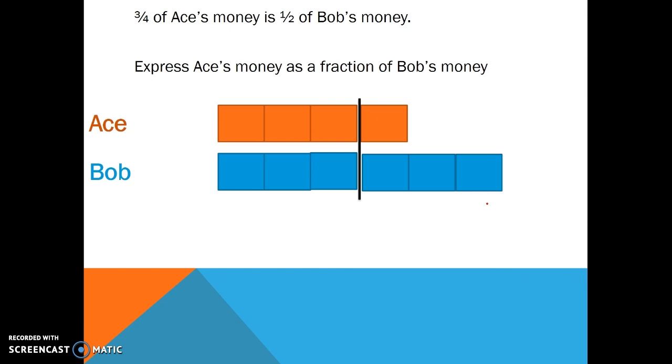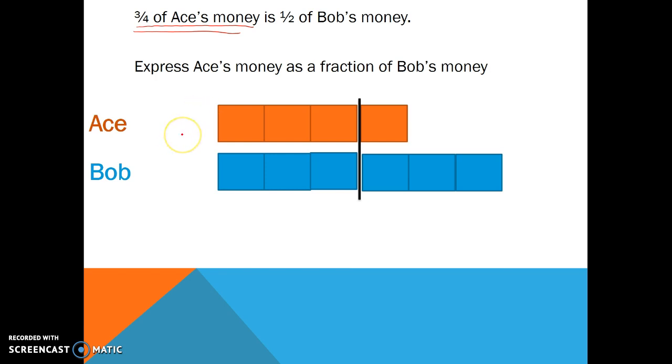But okay, so we've got 3/4 of Ace's money is half of Bob's money. This is really confusing, isn't it? But this piece of information here tells me that Ace has 4 units, and that 3 of those units is half of Bob's money.